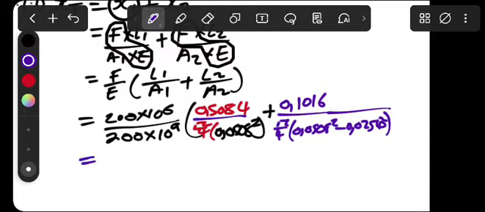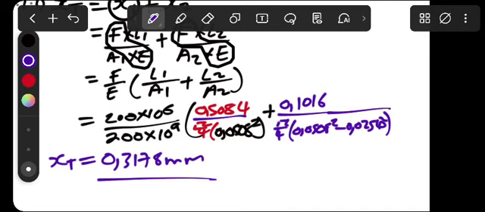Then if you punch this, we'll get that total extension to become 0.3178 millimeter. Let me double check my working.